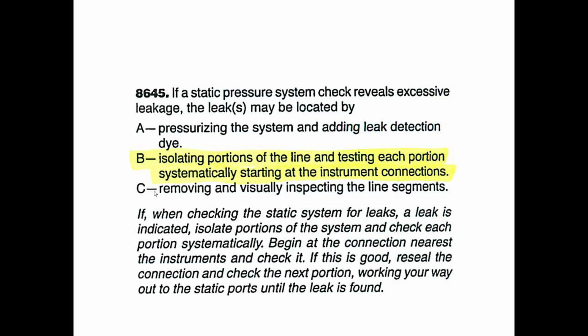I know sometimes I get a little tricky and add a fourth option, and I might say "starting at the static port." So don't just presume, because you know a little bit of how the right answer goes, that somebody might not make a little switch up on that. So understand what you're actually answering. You do start at the instrument. You don't start at the pitot tube or the static port.